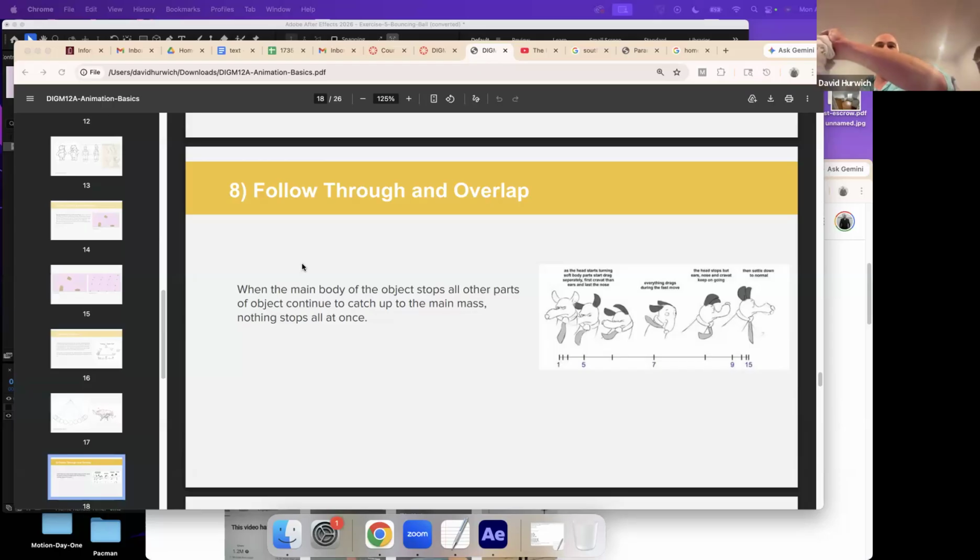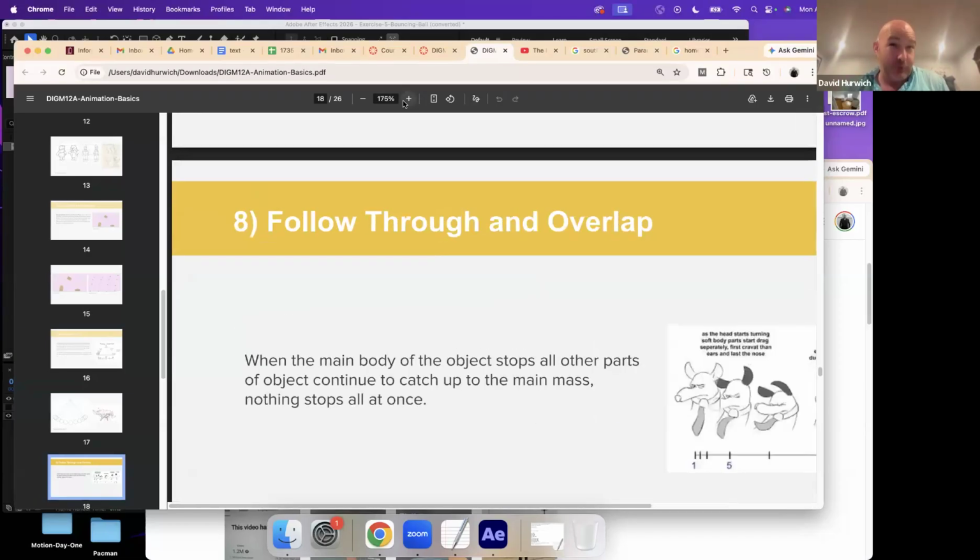In the same way, the shirt has to catch up with my arms stopping. Think about someone wearing a trench coat or really baggy clothes and they jumped, their clothes would take a half second or a couple of frames to catch up with the main body.